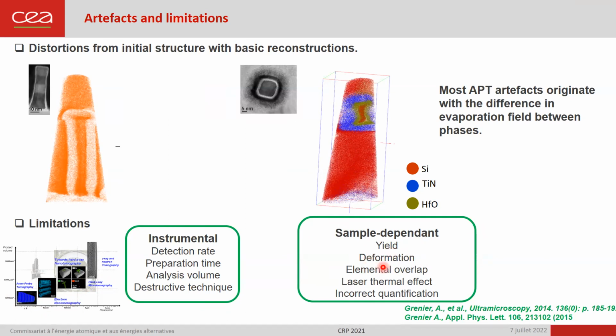We have mentioned distortion previously. There can be an element overlap, especially when we consider silicon and nitrogen. And also there can be some composition biases. But with a lot of effort on methodology, these sample-dependent limitations can be decreased.